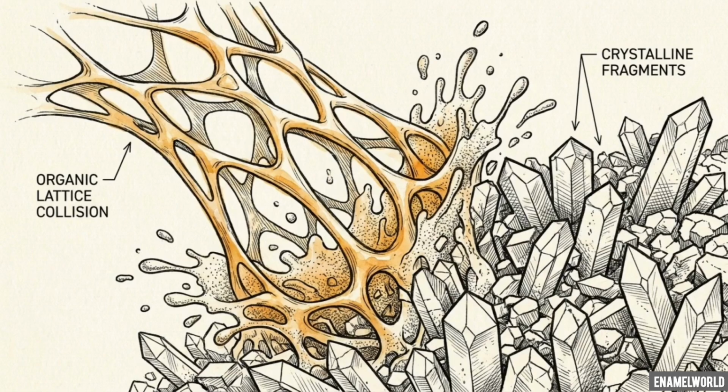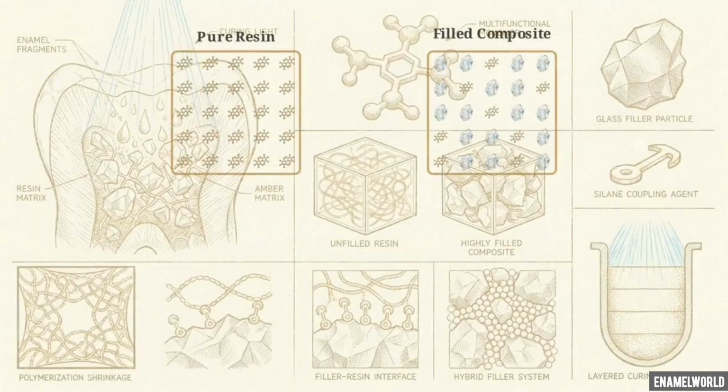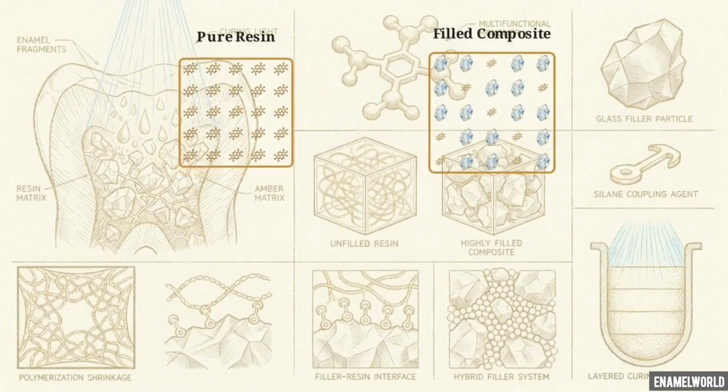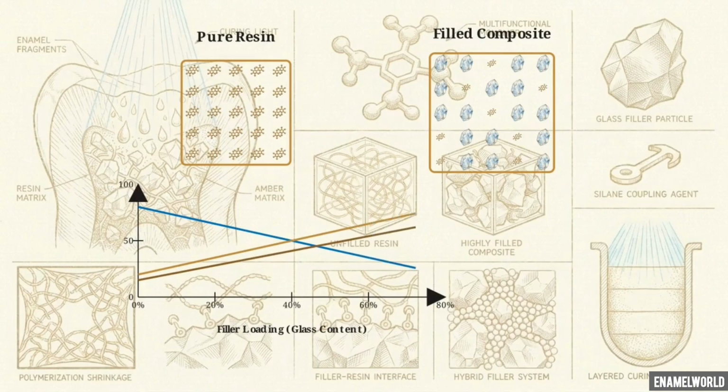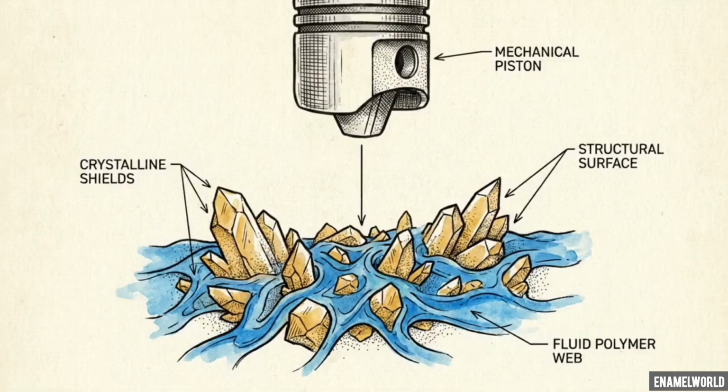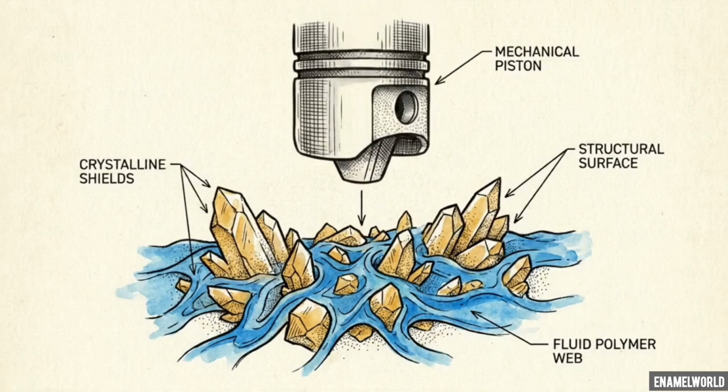Manufacturers load the resin with highly rigid inorganic filler particles, typically constructed from quartz or silica. By displacing reactive resin with stable glass particles, you reduce the material capable of contracting. As filler volume increases, there is a proportional rise in compressive strength and wear resistance, exactly mirroring the drop in volumetric shrinkage. Once cured, these rigid glass particles act as structural shields.